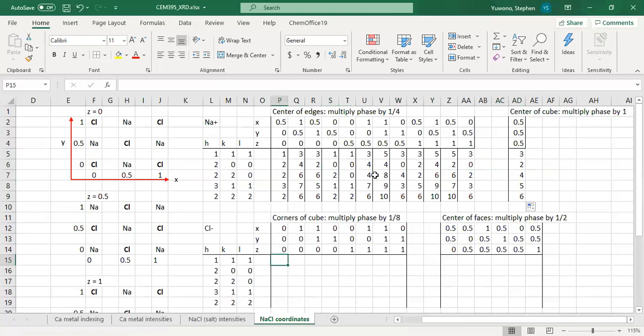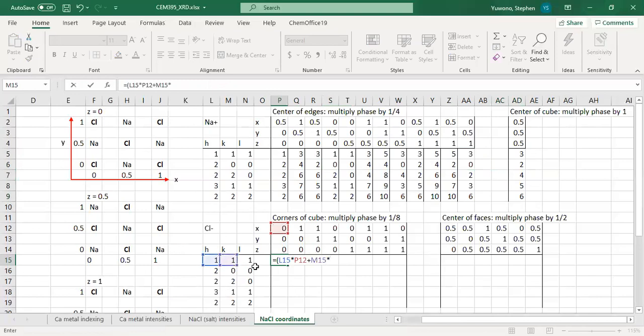And now here we need to do again this, h times x plus k times y plus l times z, everything multiplied by 2.